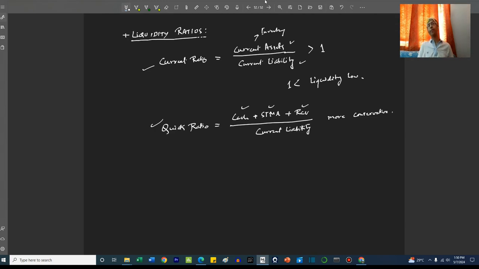An even more conservative way of looking at it is cash ratio. This uses only cash and short-term marketable assets or securities. This portion is divided by the current liabilities. This is an even more conservative ratio to measure liquidity.